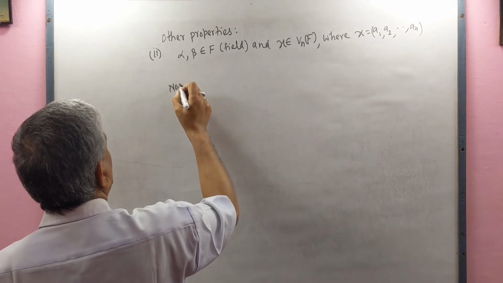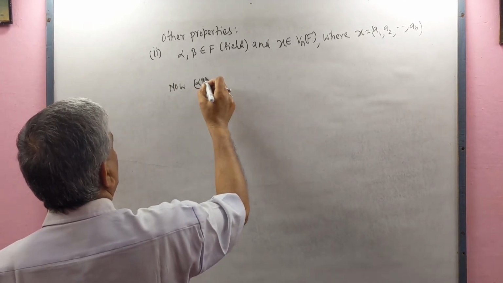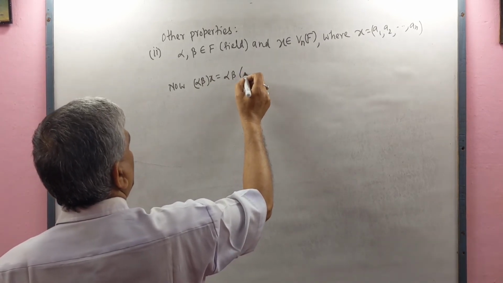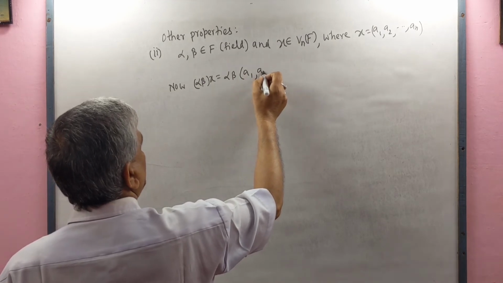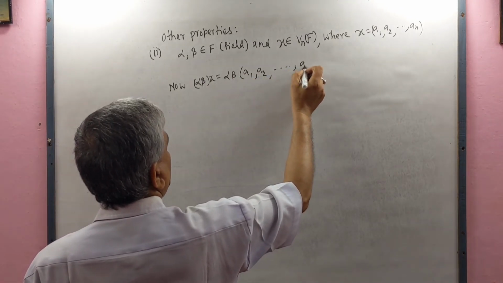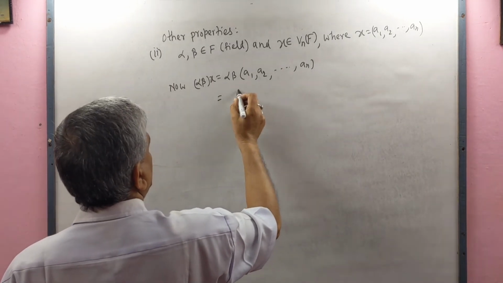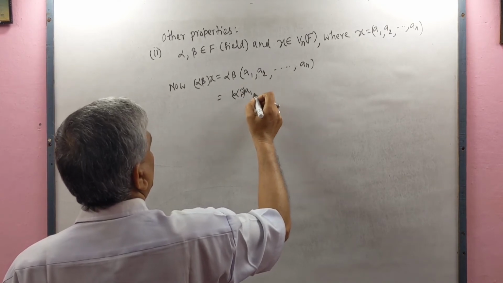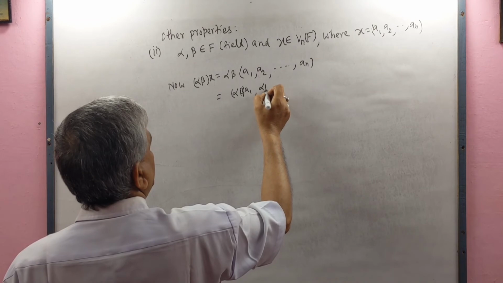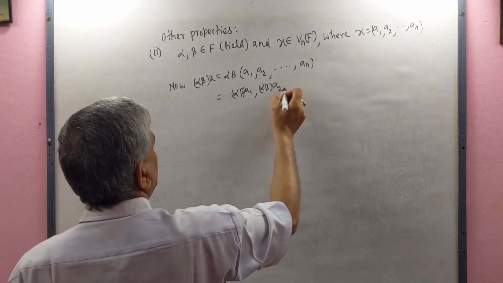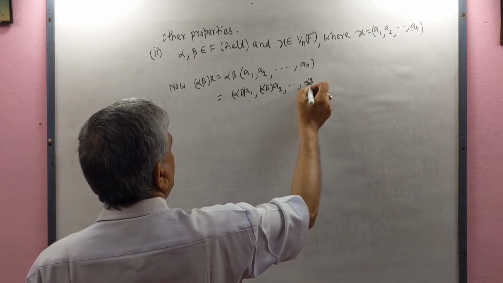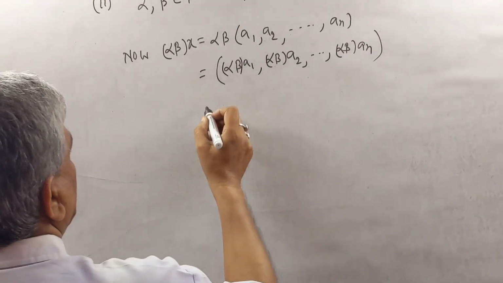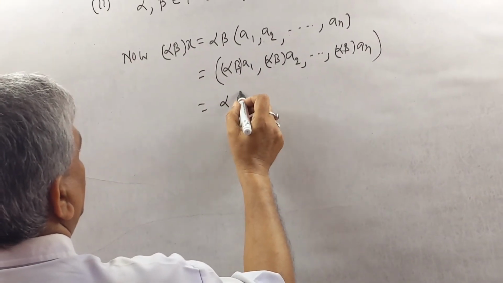Now (alpha beta)x equal to (alpha beta)(a1, a2, ..., an) equal to ((alpha beta)a1, (alpha beta)a2, ..., (alpha beta)an).